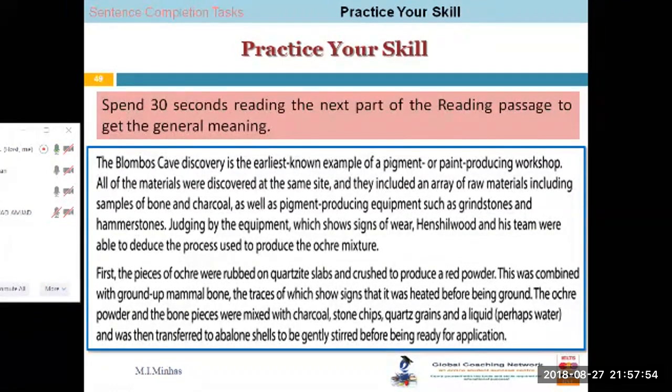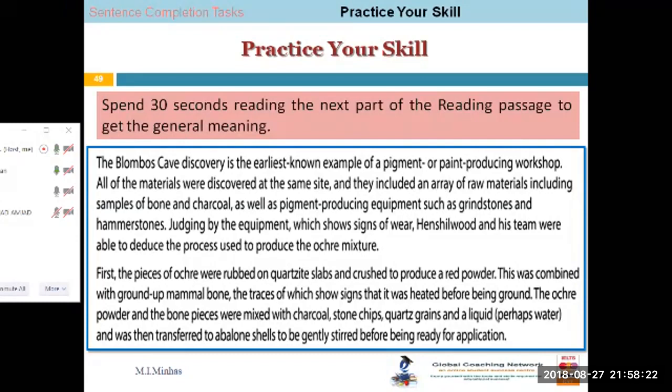The Blombos cave discovery is the earliest known example of a pigment or paint producing workshop. All of the materials were discovered at the same site, and they include an array of raw materials, including samples of bone and charcoal, as well as pigment producing equipment such as grindstones and hammerstones.